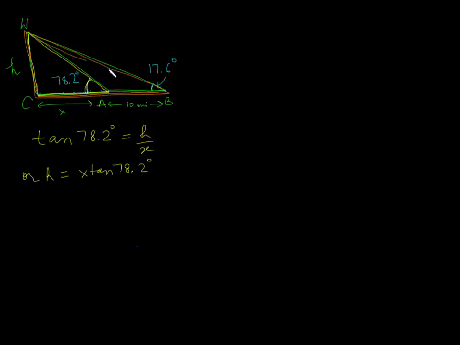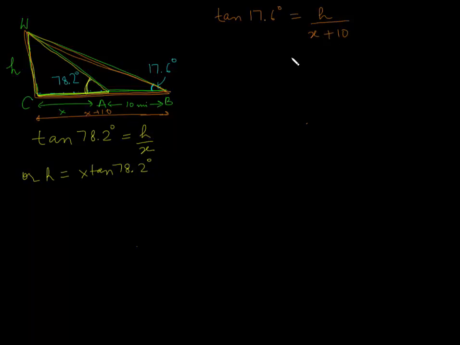Again, we are going to use tan of B, or tan 17.6, where this distance CB is X plus 10. The adjacent distance is X plus 10. So we get tan 17.6 degrees equals H over X plus 10.